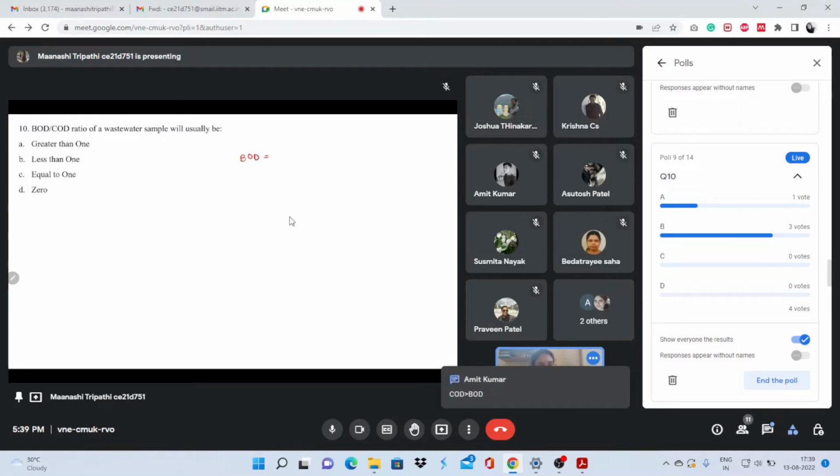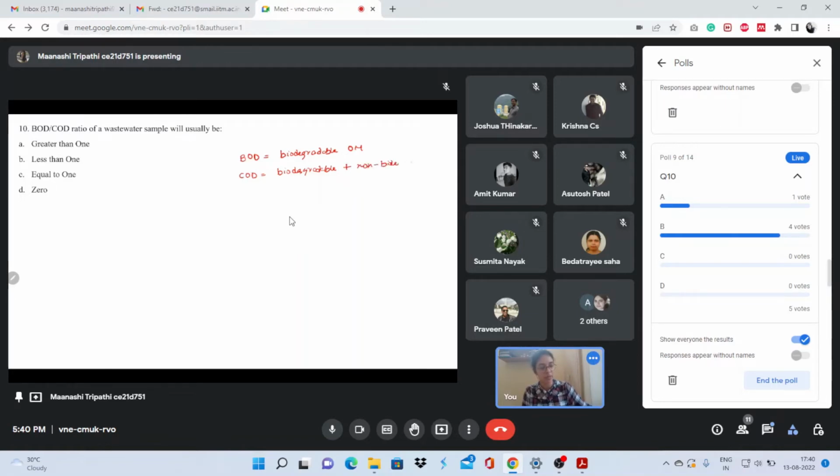Whenever we talk about BOD, we talk about biodegradable organic matter. But when we talk about COD, we talk about biodegradable plus non-biodegradable organic matter. So ultimately, you can see from this statement also that COD will always be greater than BOD. In BOD, it's very easily soluble material, like carbohydrates and some proteins.